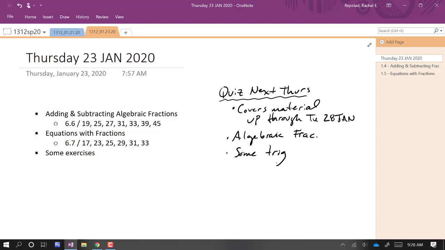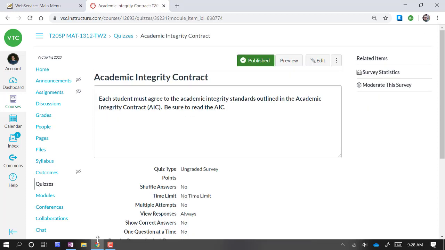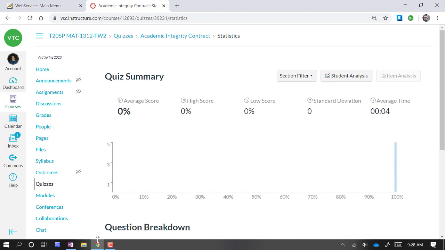Okay. If you haven't done so already, please sign the academic integrity contract, if you're one of these people in the right column. I'll just say the average time it took people to do it was 4 seconds.